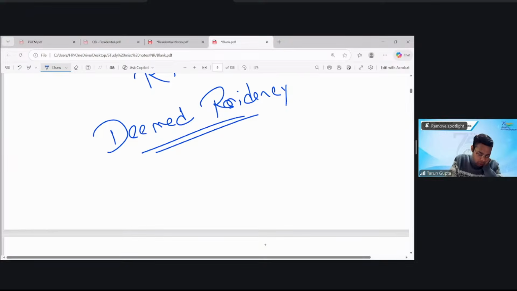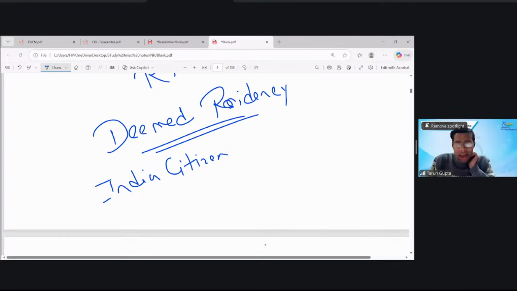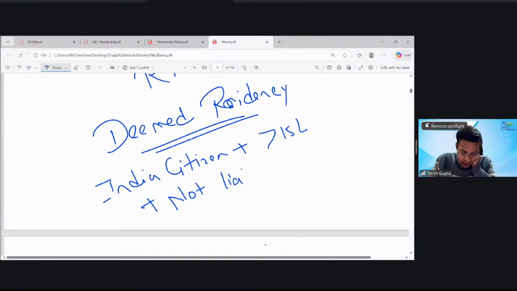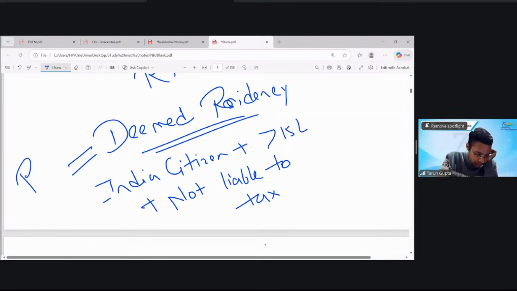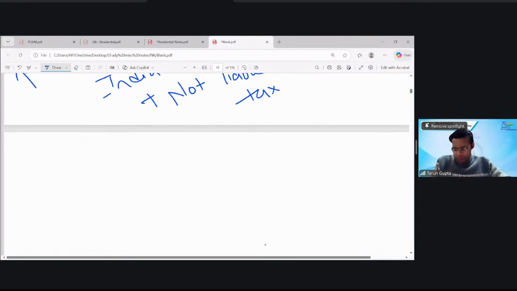Government says if you are an Indian citizen, mind it, it doesn't apply to a person of Indian origin, and you have Indian income of more than 15 lakh and you are not liable to tax in any country, then the government will deem you as resident. Understood? So why was this concept brought? This concept was brought to bring stateless persons into the tax net.